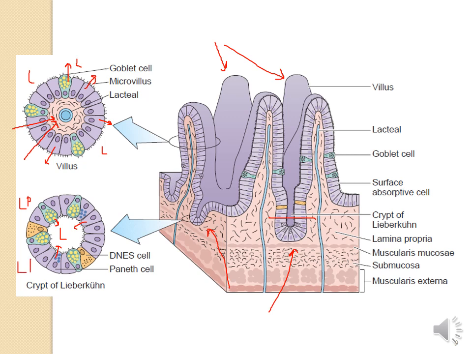Therefore, the enteroendocrine cells release their secretion to the outside. The other cells release their secretions to the inside, into the lumen.